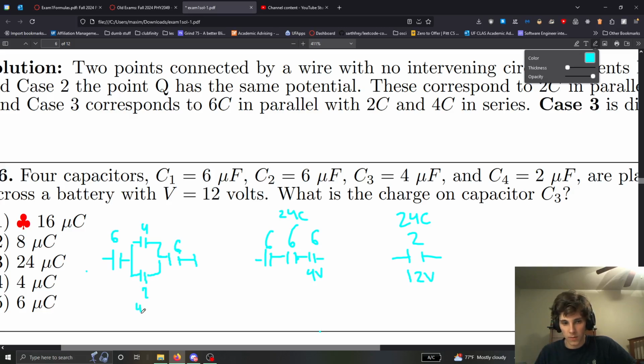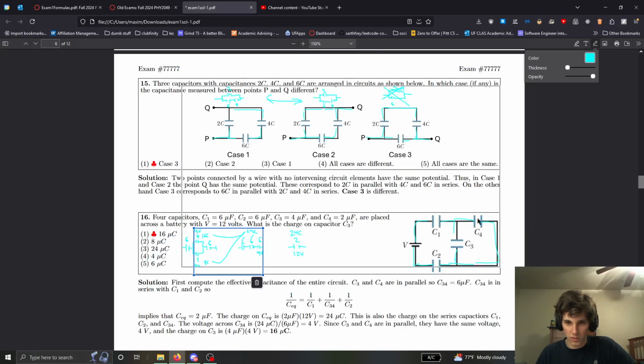So this has 4 volts and this has 4 volts, but the charges are split, and the charges get added up into what they are now. So this ends up being 16 coulombs, and this is 8, and you can see that together they make the 24. But yeah, this one, which originally was 3 or 4, 3, has a 16 now, and so that's the correct answer.